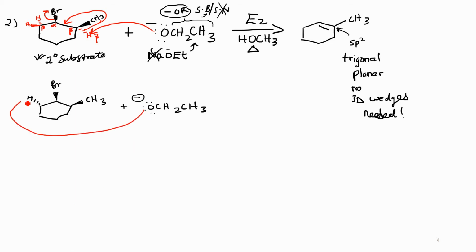So if that happens, then you're going to take out this hydrogen, which is anti-periplanar, and the product that's going to come out is this. Okay, so you're going to make a double bond, and then your methyl this time keeps its stereochemistry because nothing happened here. So the product here will be what I just showed you. I drew the mechanism down there so that you see how it comes by.